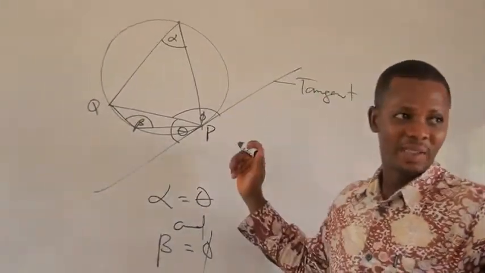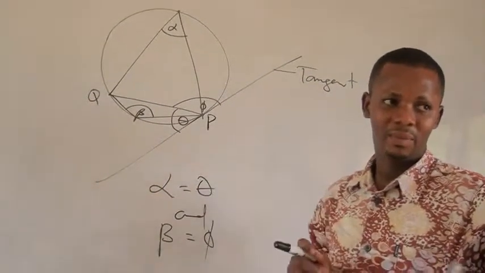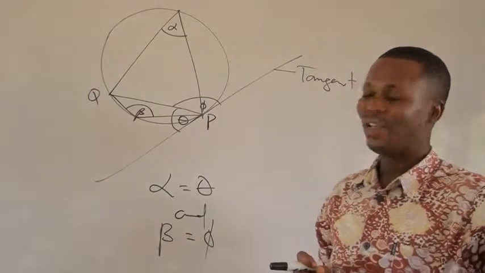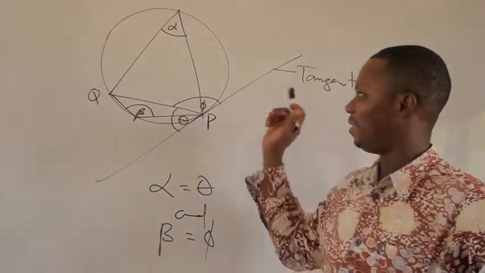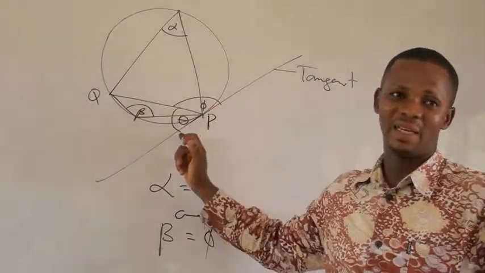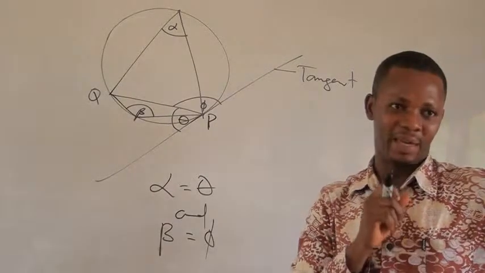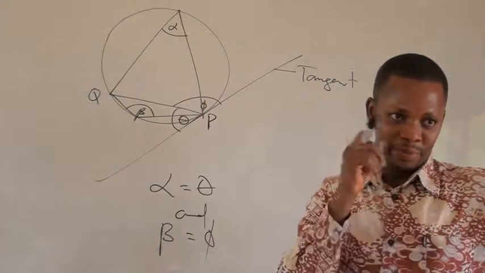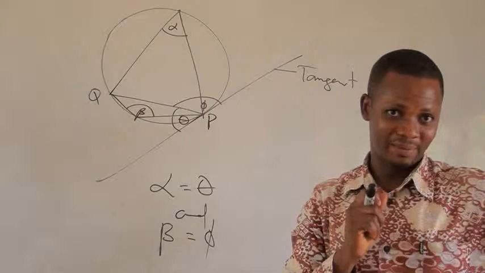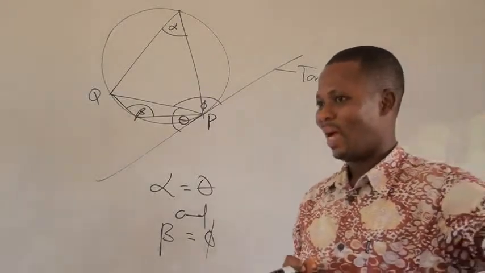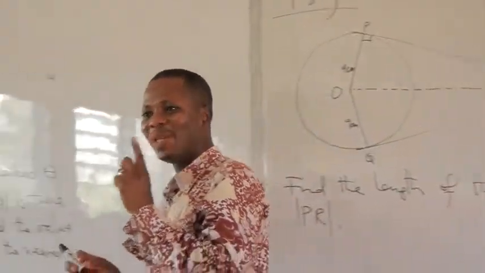Recalling theorem 7, we learned that the angle that the chord makes with the tangent at the point of tangency is equal to the angle that the chord subtends at the circumference in the alternate segment.